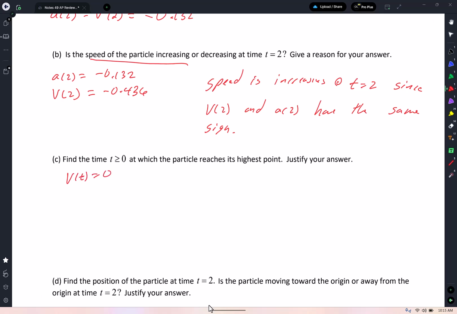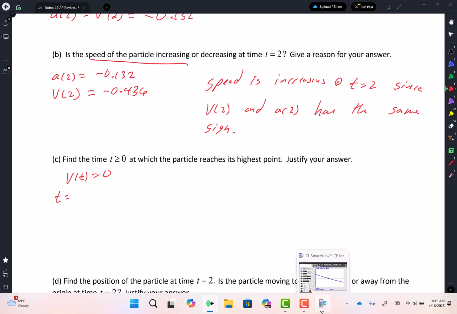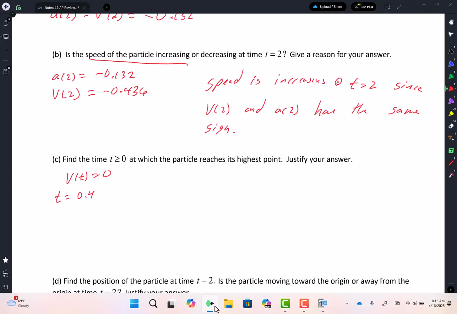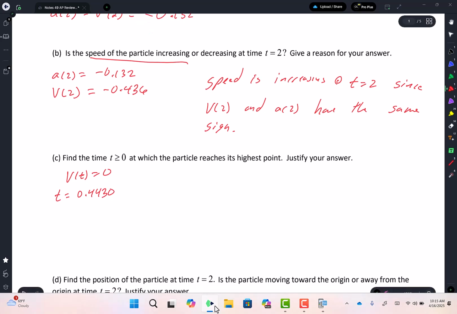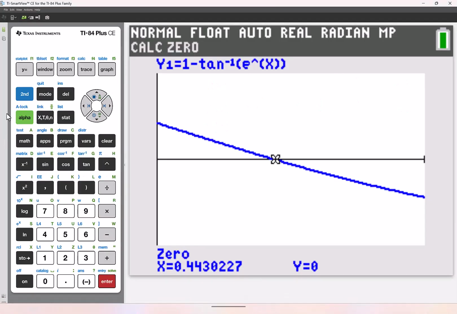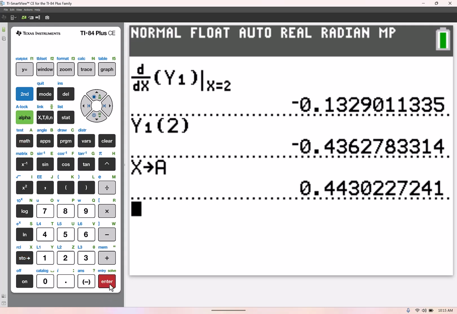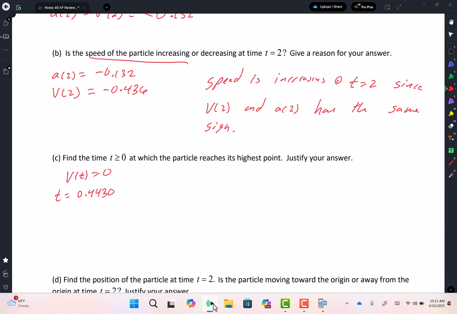That might be a point at t equals 0.4430. I'm going to store it here in A. So I'm going to go second quit. Store alpha A. Because I want to store that value. There it is. Okay.